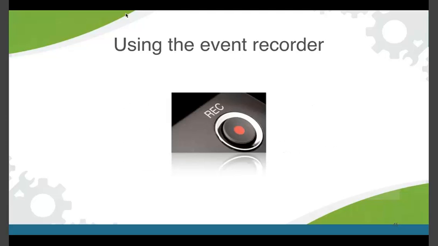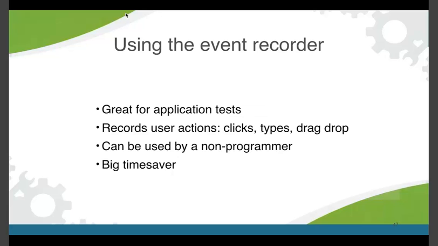And one thing to really help you here is using our event recorder, because again, it's super hard to author each click action and type action unless you know the entire DOM structure by heart. So the event recorder that's built into Siesta is really nice for application tests.